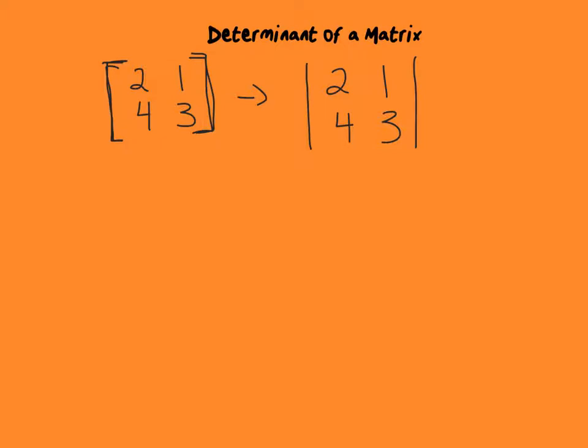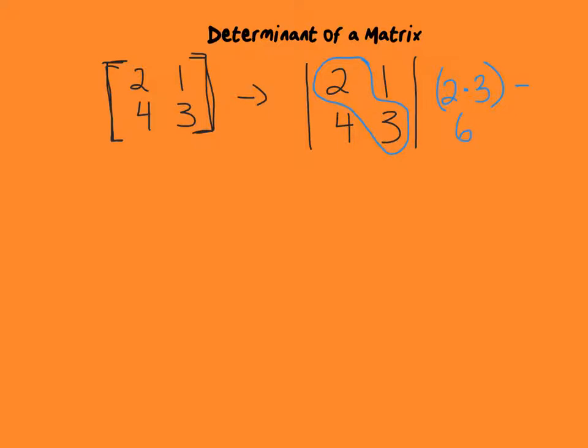Okay. Now we're going to start, and it's extremely easy, and I will not spend a lot of time on this. To find a determinant of a matrix, you have to multiply the first with the last, the first diagonal. You're going to do 2 times 3, which is 6, minus, remember, it's always going to be a subtraction, unless what goes after the subtraction is a negative, then it turns into a positive, right?